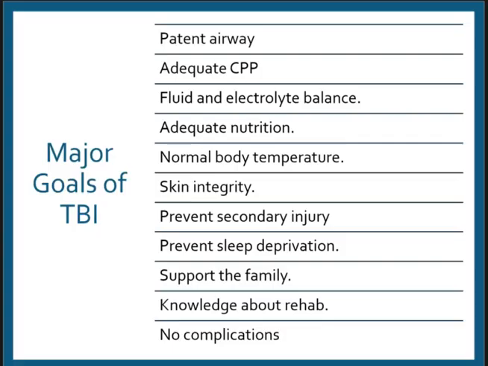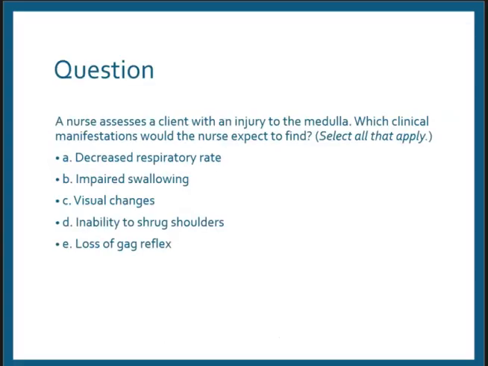So if they're on mannitol, we're monitoring that sodium level, adequate nutrition, normal body temperature, skin integrity, helping prevent secondary injury, sleep deprivation, supporting the family, going to rehab. If you guys don't know about the rehabs in Florida for neuro spine injuries, a great one would be Brooks Rehab up in Jacksonville. And our whole goal is to prevent further complications.